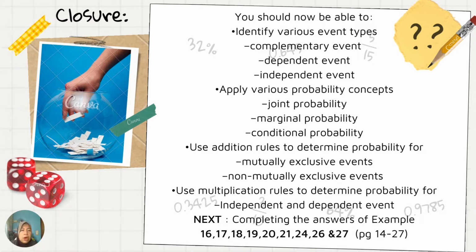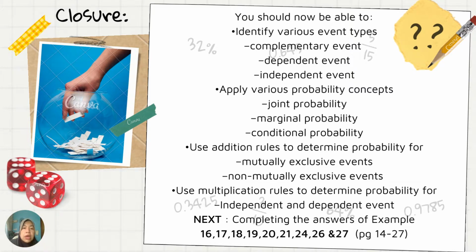Okay, so I think that's all for today. I hope this was refreshing. If you are new to all these terms, you can always ask me to explain again and again. We have a few new terms today: complementary event, dependent event, independent event.